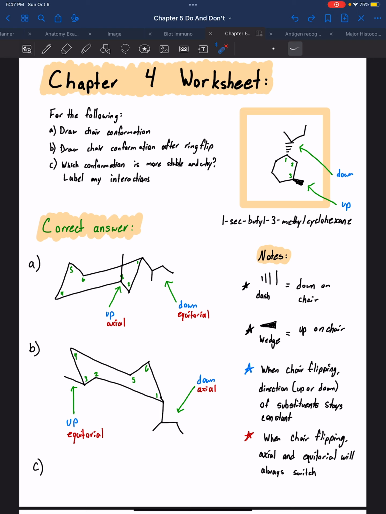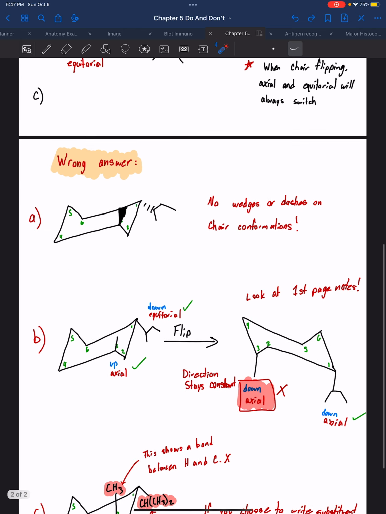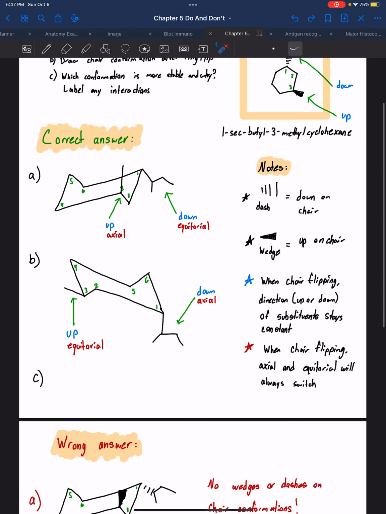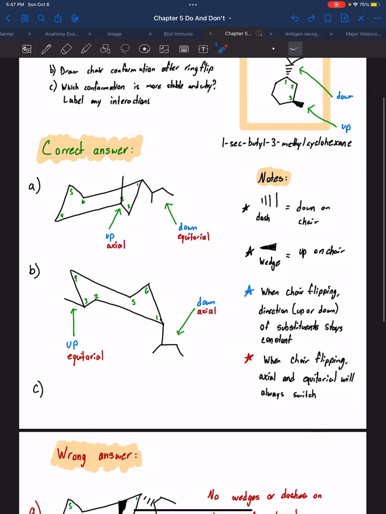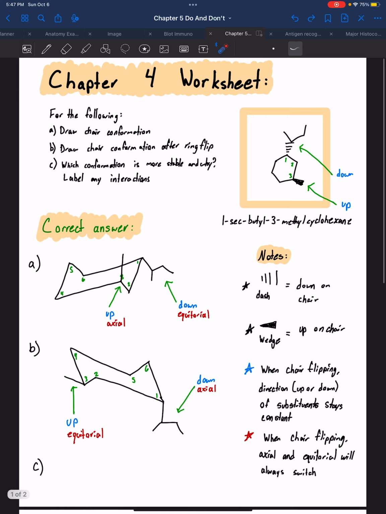Everything has 1,3 diaxial interactions. Some interactions are just stronger than others. And again, I gave credit for all these explanations, but I won't be able to do that on the test. And so make sure that you correct your answers on your quizzes and you show it to Dr. Aguilar and Noah and I, so that you can get these right on the test.